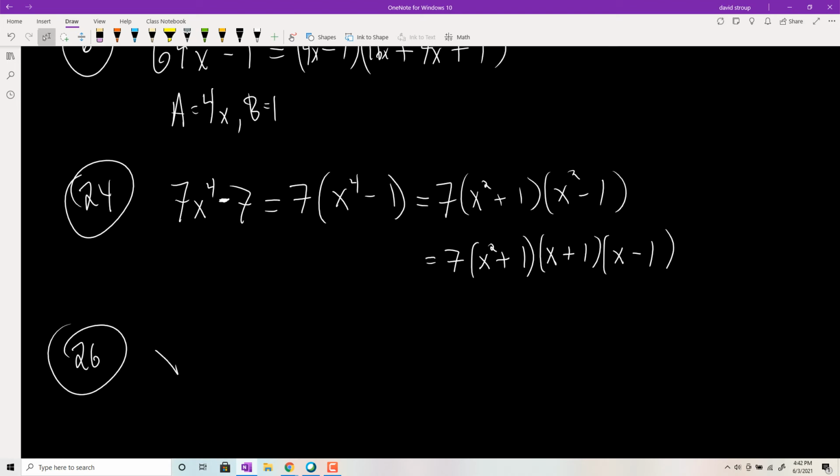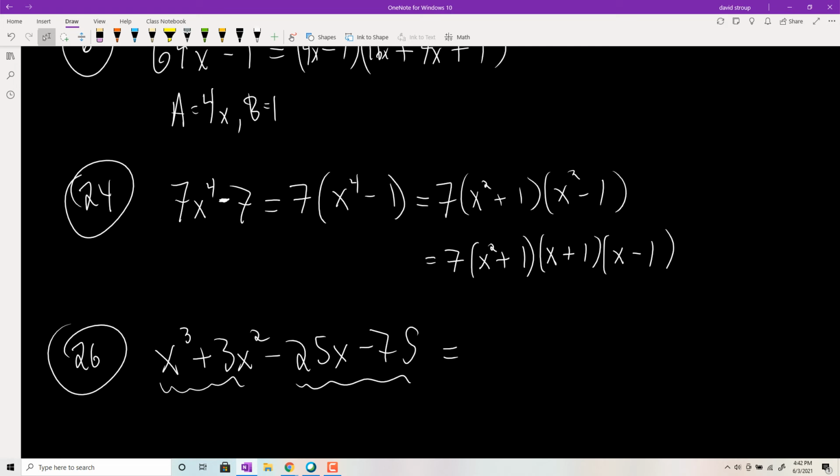Okay, so let's look at 26. We got x cubed plus 3x squared minus 25x minus 75. 4 terms, so you better believe it's probably going to be grouping. So let's group these together. The first 2 I can factor out an x squared. The second 2, I'm going to factor out a negative 25.